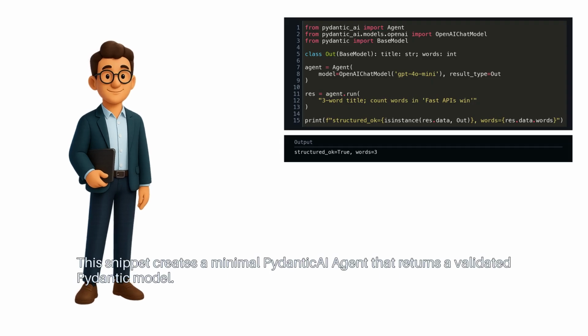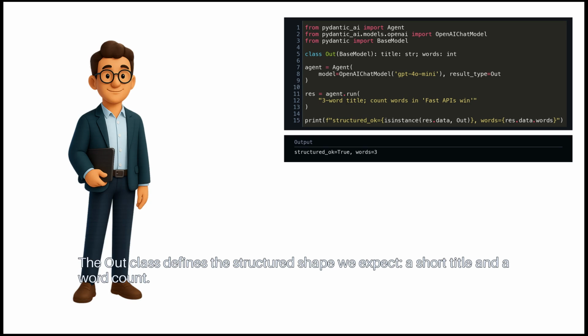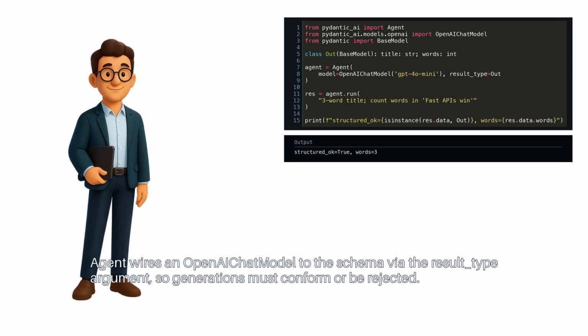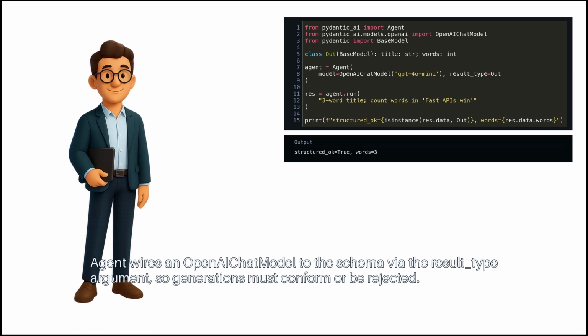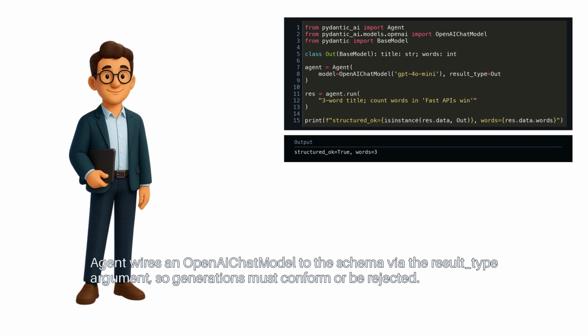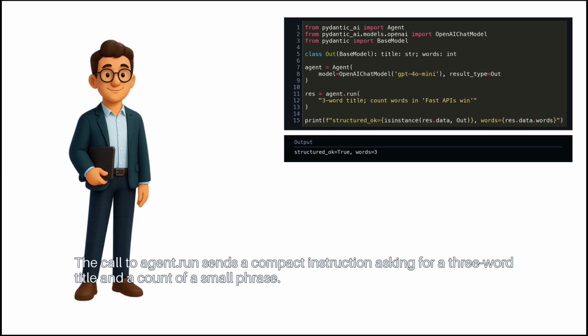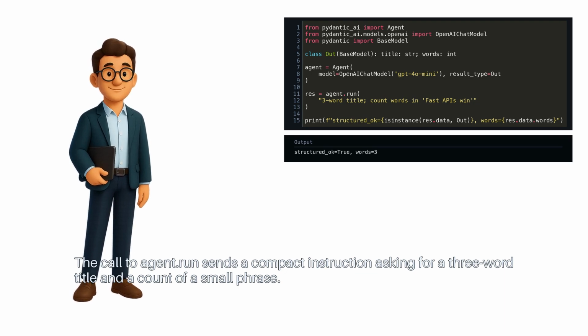This snippet creates a minimal PydanticAI agent that returns a validated Pydantic model. The Out class defines the structured shape we expect, a short title and a word count. Agent wires an OpenAIChatModel to the schema via the result type argument, so generations must conform or be rejected. The call to agent.run sends a compact instruction asking for a 3-word title and a count of a small phrase.